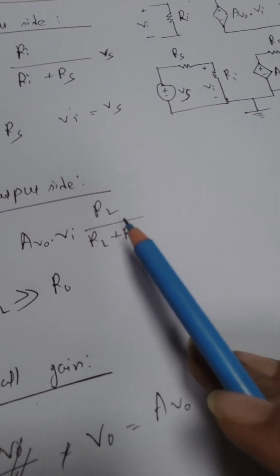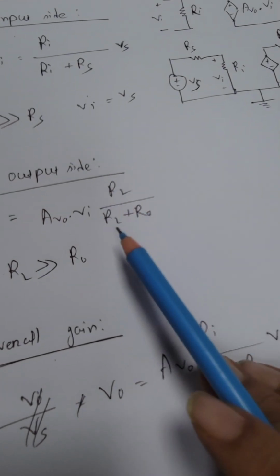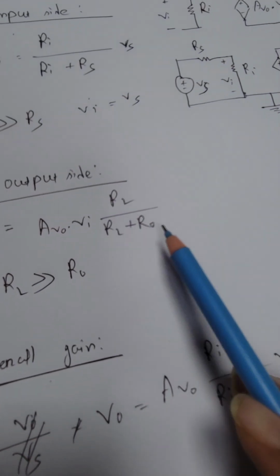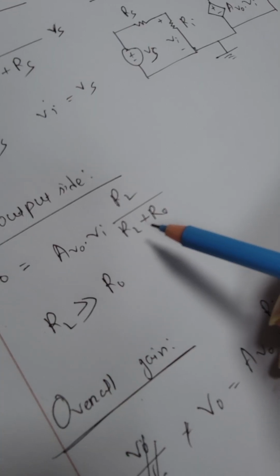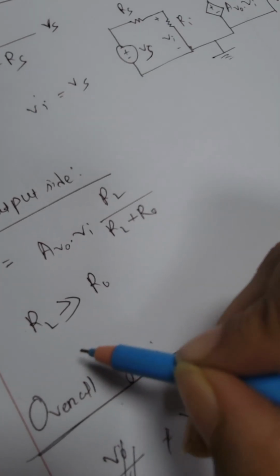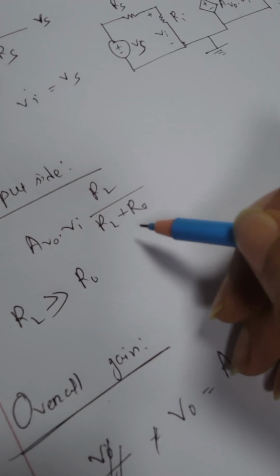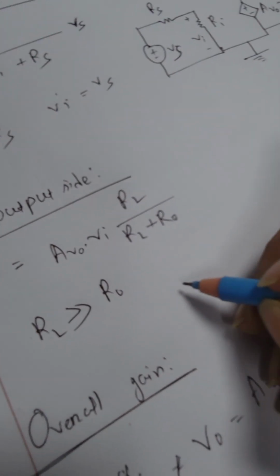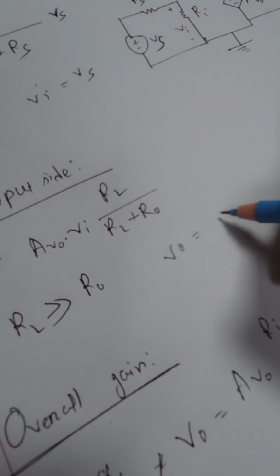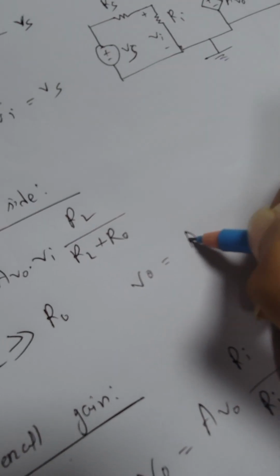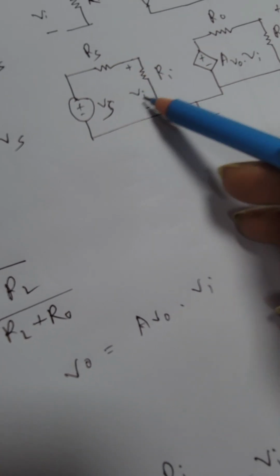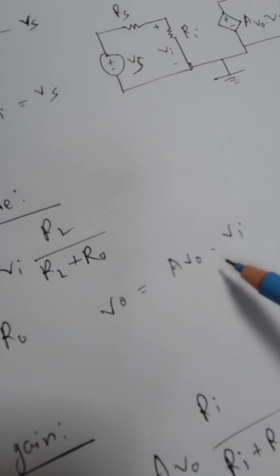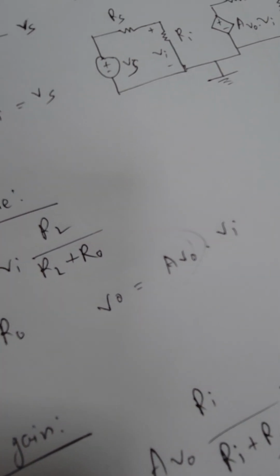In this case also, the load resistance has to be kept much greater than the output resistance of the amplifier. Why is that? Because if we keep RL infinite, the V output will be very close to the voltage source times the amplification factor.